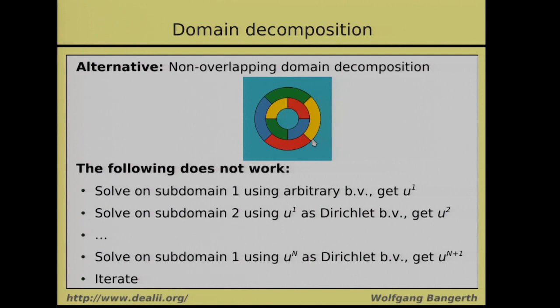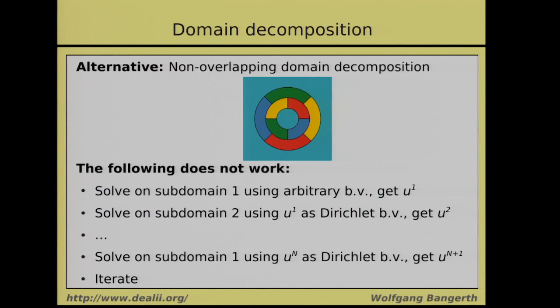I keep doing this, and at the end, after n iterations, I go back to subdomain 1, and I use the boundary values of all of the subdomains that are computed on as boundary values for the blue one. But because I use 0 boundary values here for the yellow subdomain, I still have 0 values. So I have not made any progress, right?